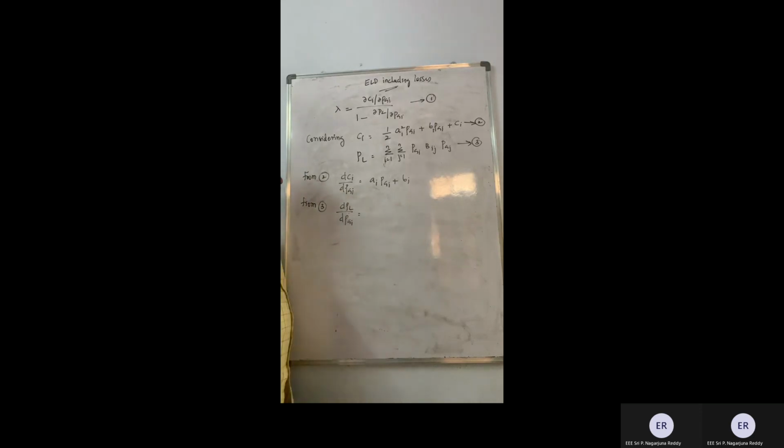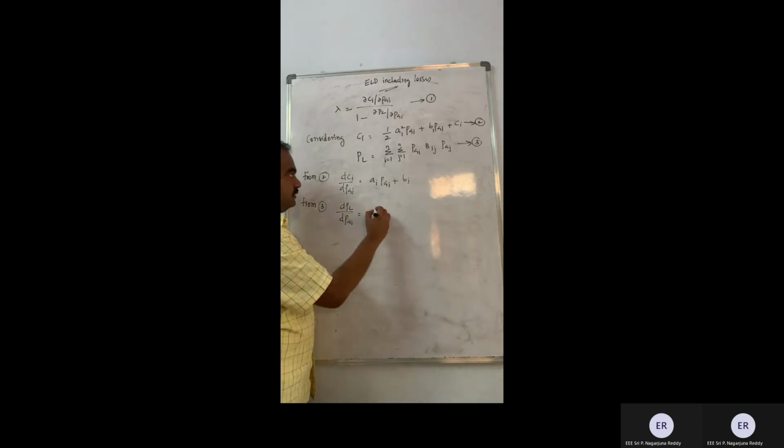So, when we have 2 sigma with respect to PGi, what will we be getting? First of all, we will take when j is equal to i. When j is equal to i, what will this expression be?